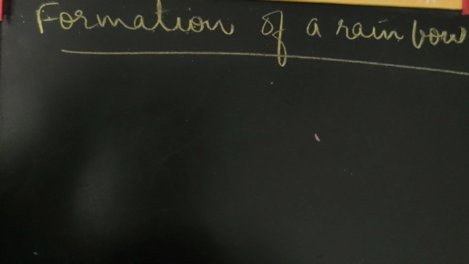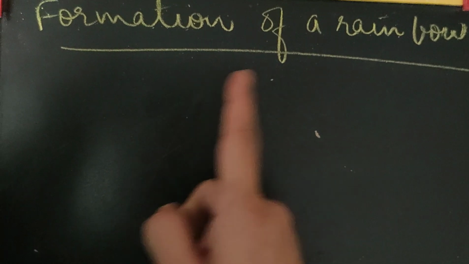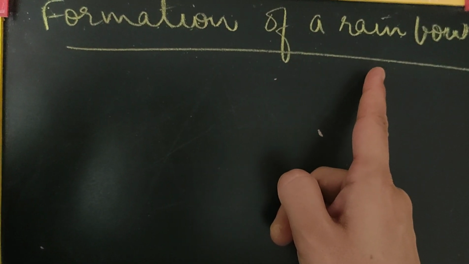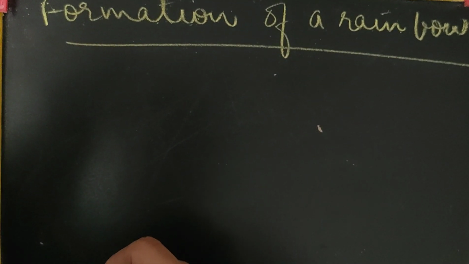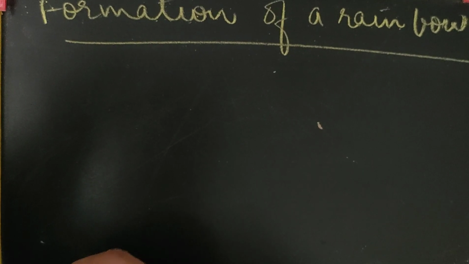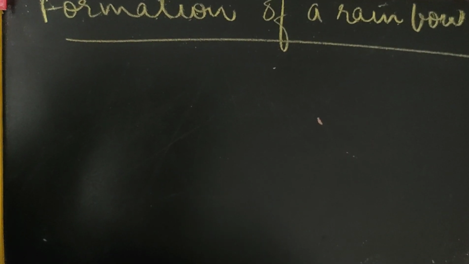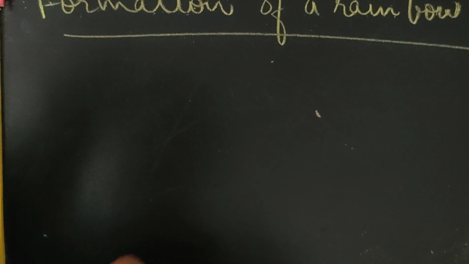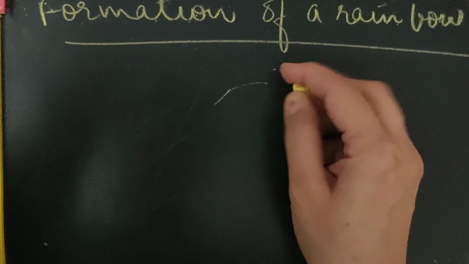So we are going to now discuss the formation of a natural spectrum in the sky that appears after a rain shower. Not every time, but it appears only after a rain shower. That is the rainbow.